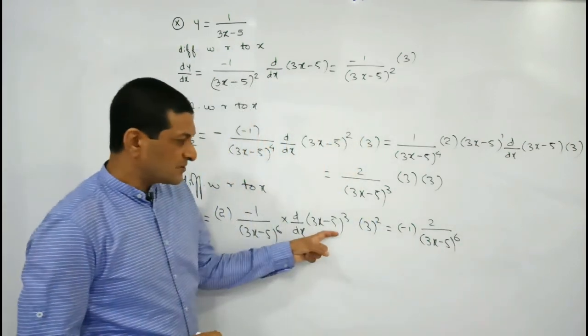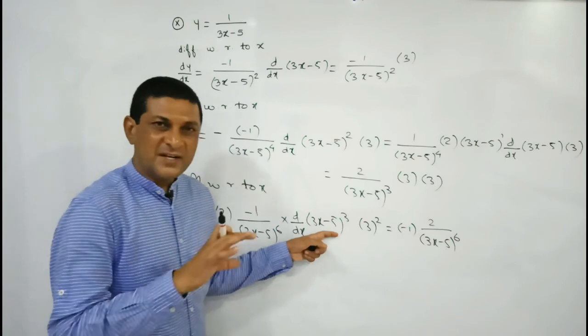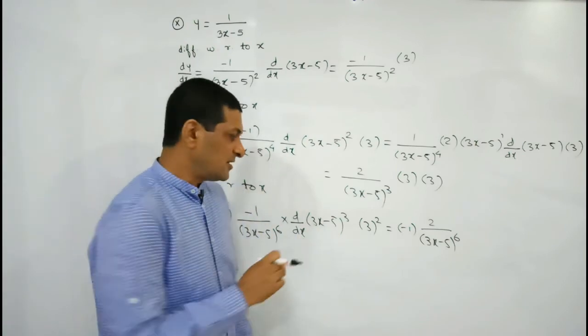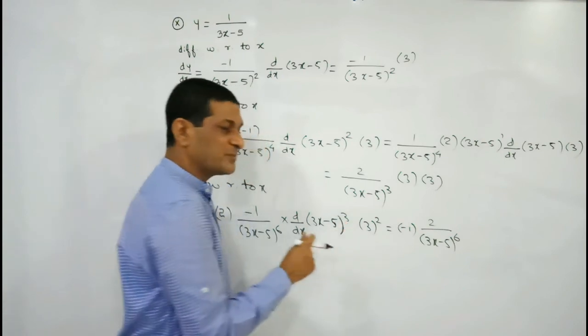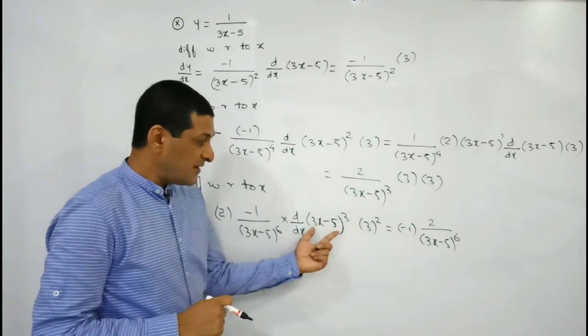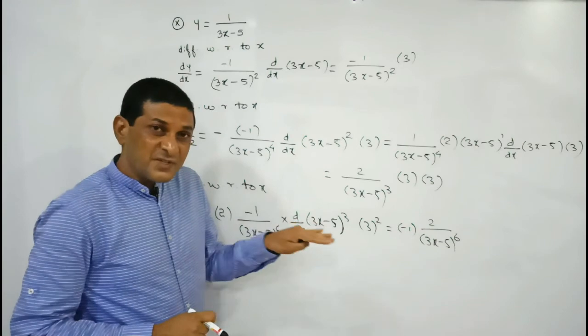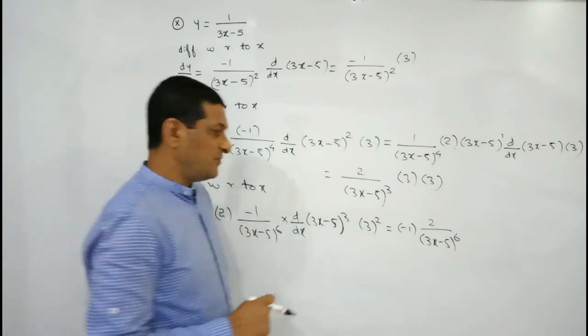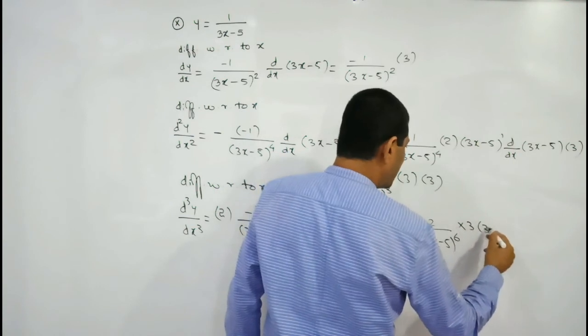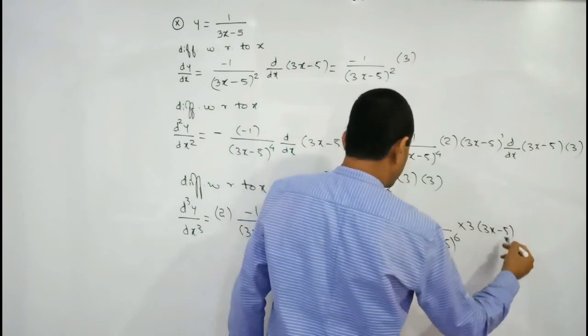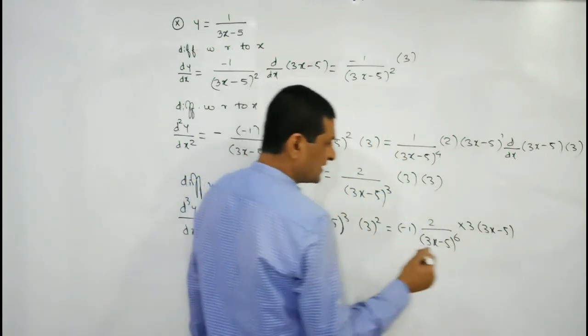Now we have to find its differentiation. While finding the differentiation, we observe which standard formula the term is in the form of. Easily we can observe that this term is in the form of f of x raised to power 3. So first take the power of f of x as a coefficient, meaning take 3 as a coefficient, and decrease the power by 1. So (3x minus 5) raised to what new power if we decrease the power by 1?